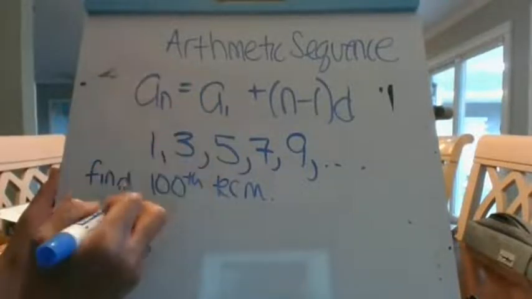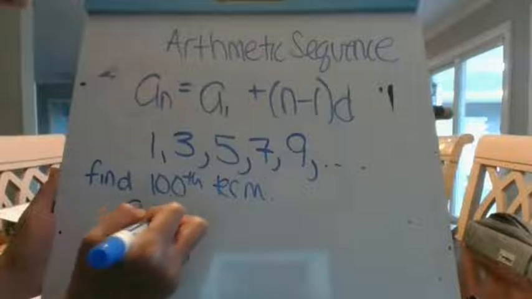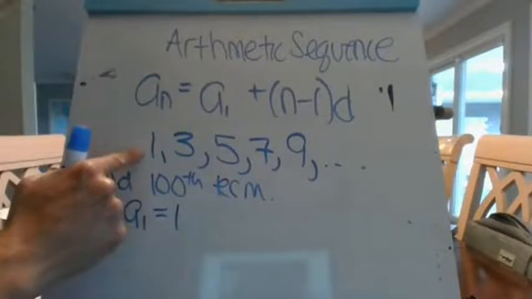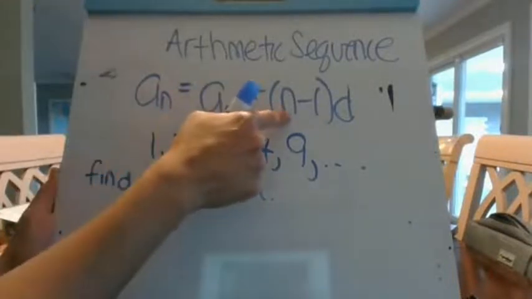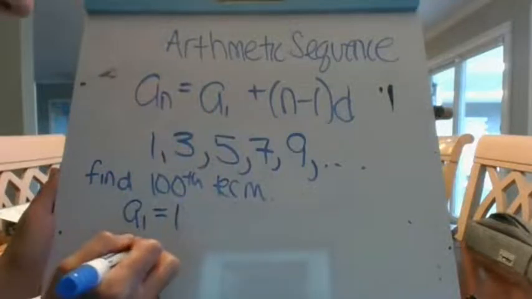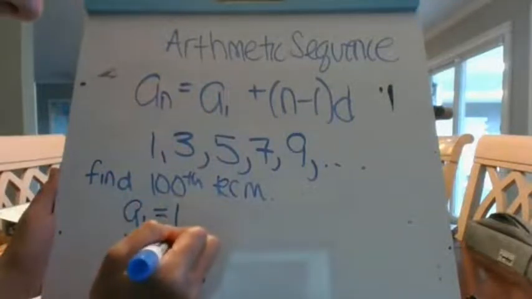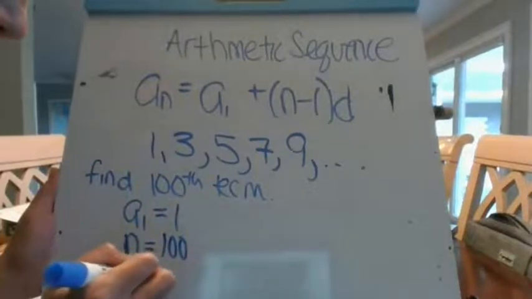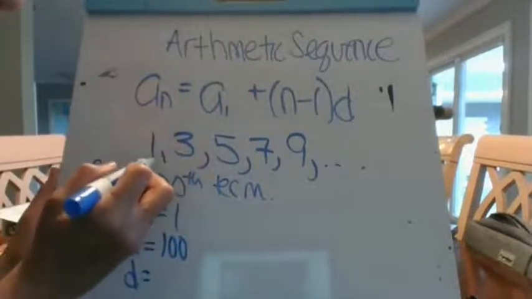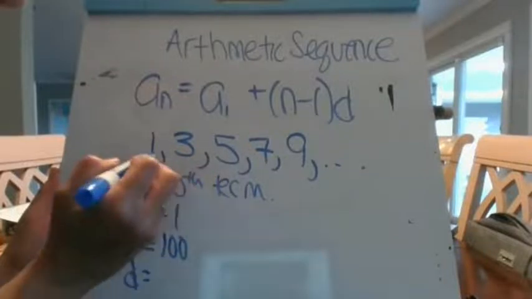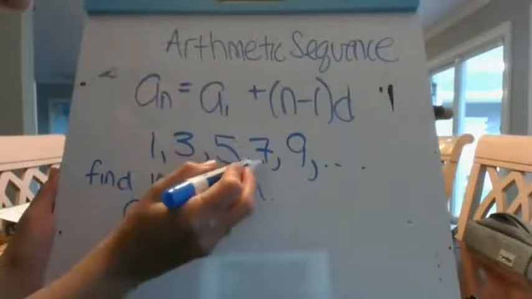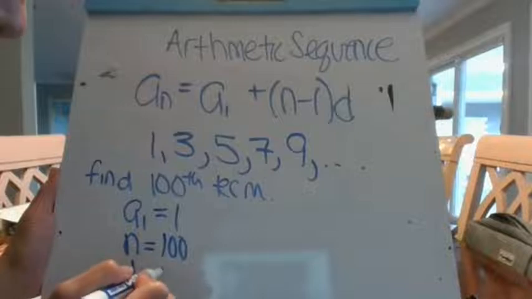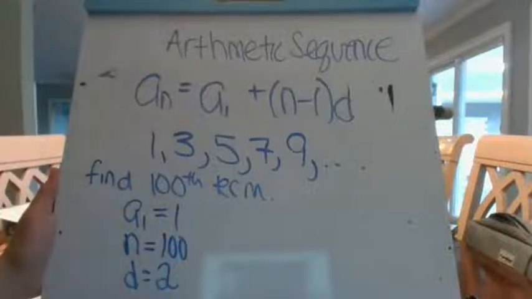So in this example, my first term is 1. My n is, I'm looking for the 100th term. So my n is 100. And then my common difference, it's increasing by 2 each time, up by 2, up by 2, up by 2, up by 2. So my common difference is +2.